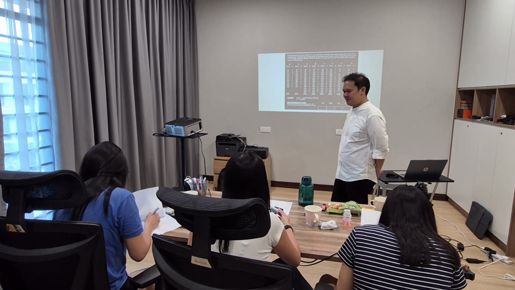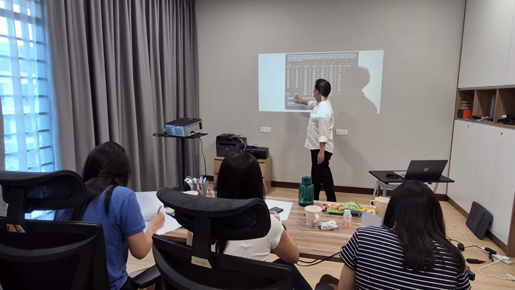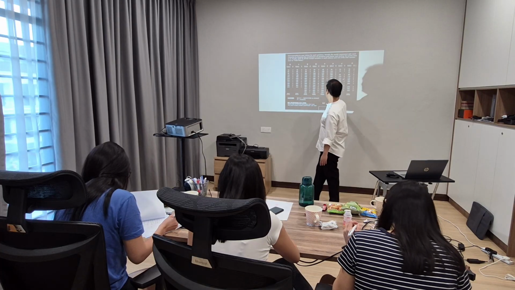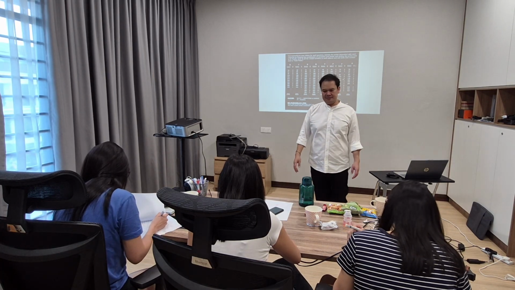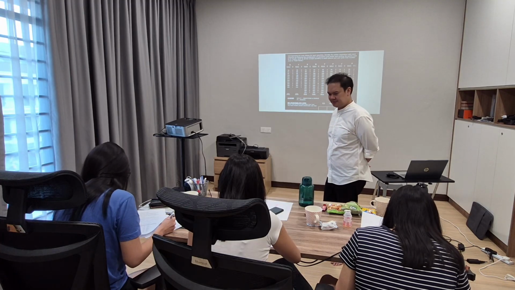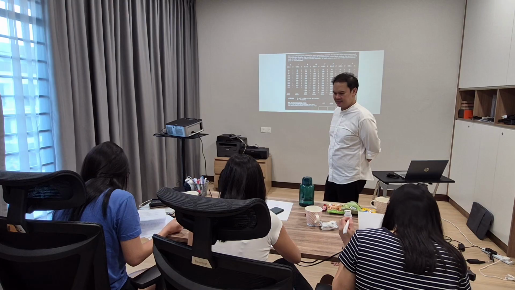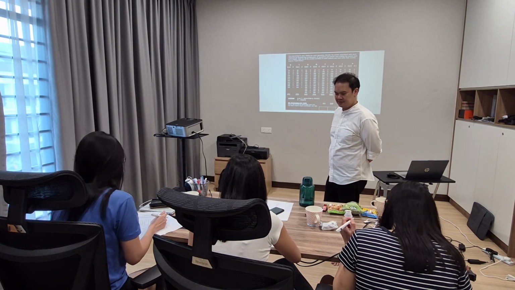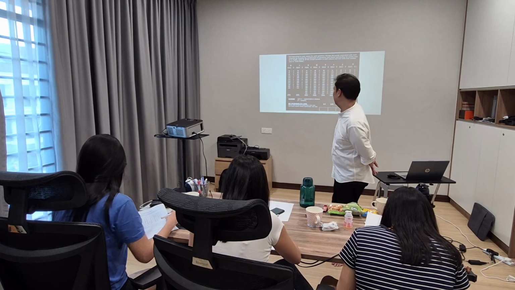Okay, so once you have circled all, you then add the total points of every column. Column by column first.